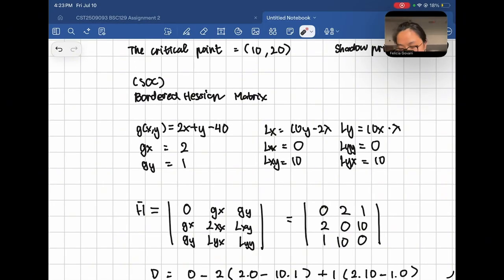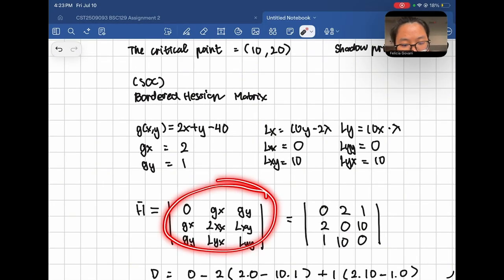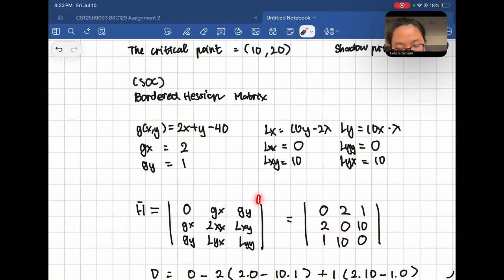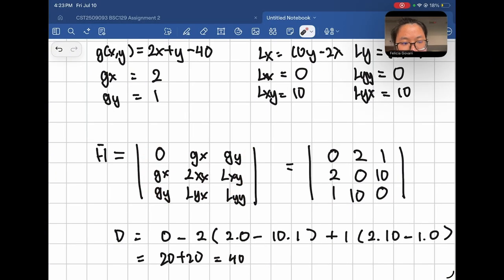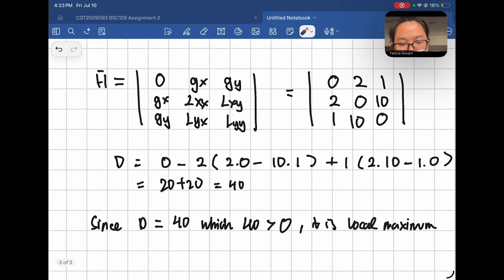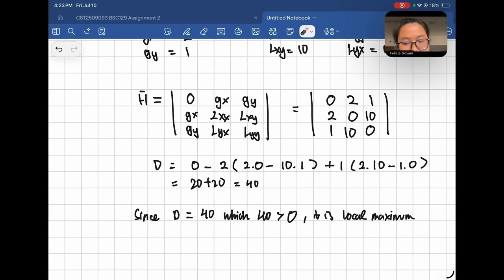So we make it in one matrix. If we substitute all the answers, the determinant becomes 40.